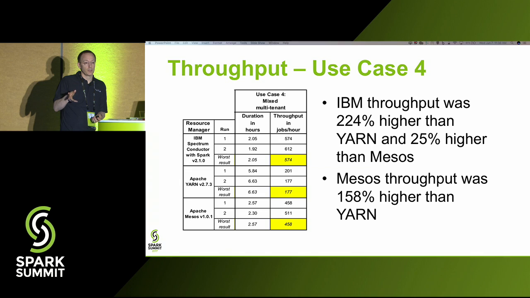Yarn supports preemption. For some reason, when we enabled it, it reduced performance. So we switched back. And Mesos doesn't support preemption, at least the version that we use. I'm not sure about the most current version of Mesos.